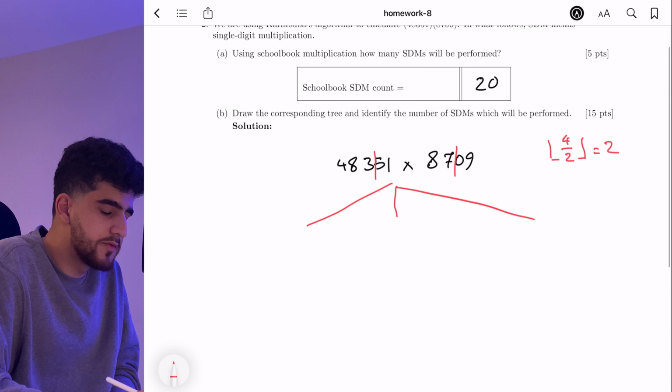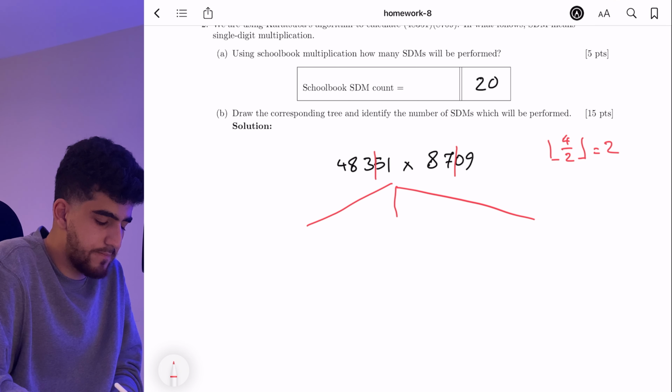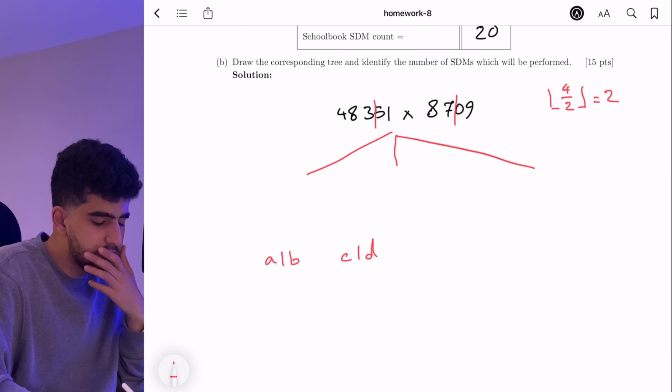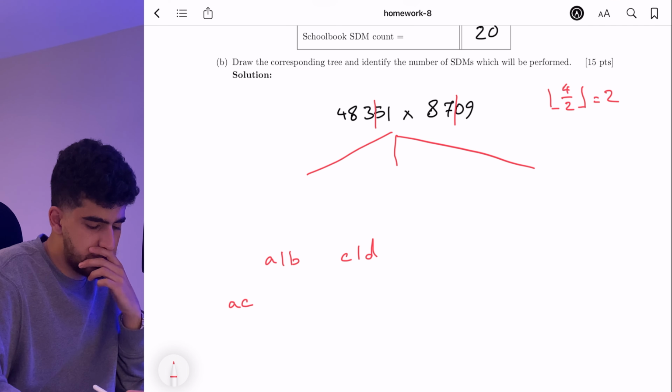If you remember, if we have this A and then B, and in here we have C and D, we will need to calculate AC, BD, and (A plus B) times (C plus D).